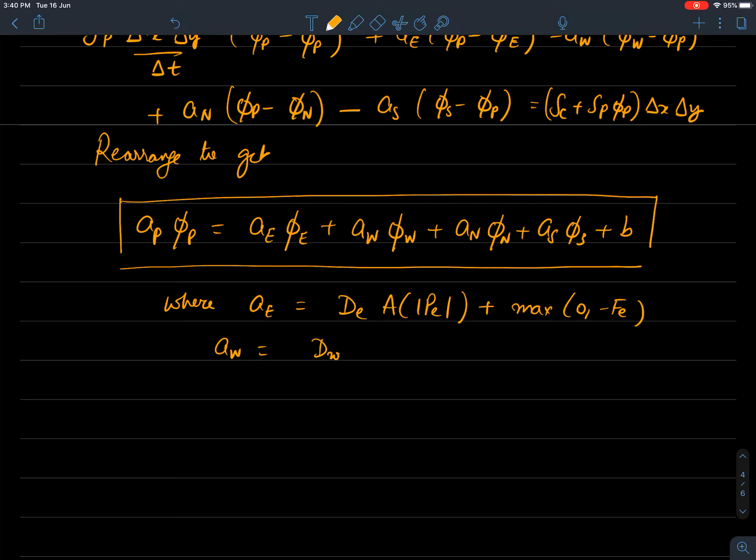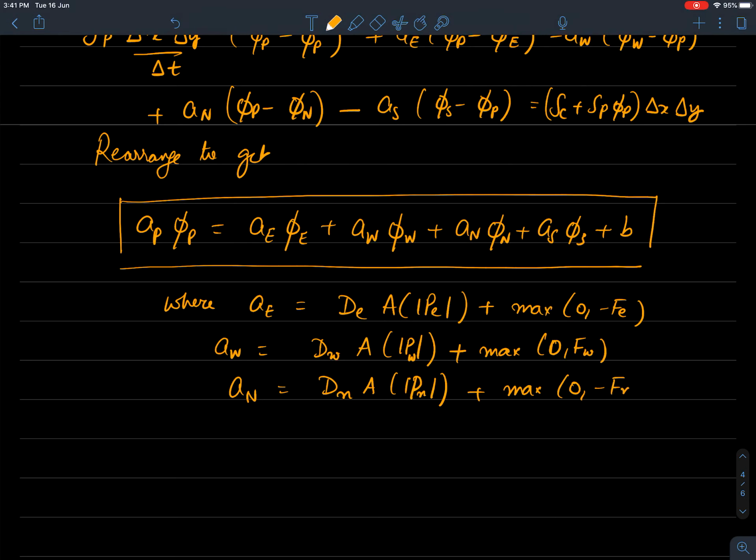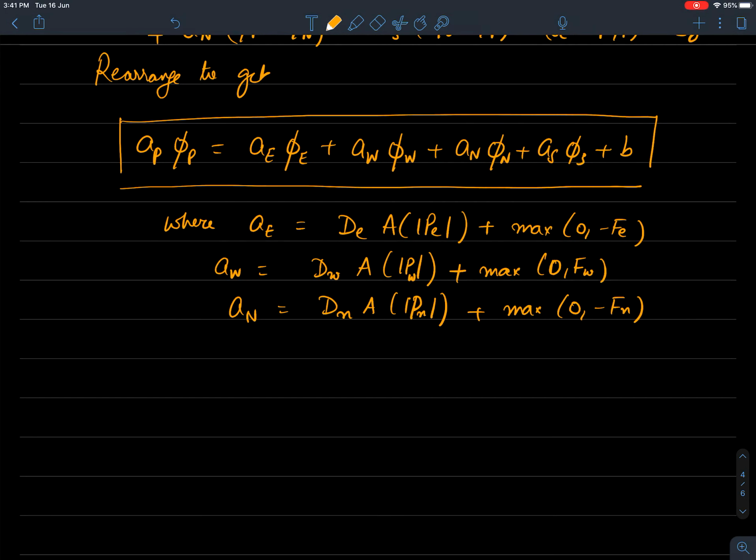Aw will be dW into A mod Pw plus max 0 comma Fw. An will be dN into A mod Pn plus max 0 comma minus Fn. As will be dS into A mod Ps plus max 0 comma Fs.